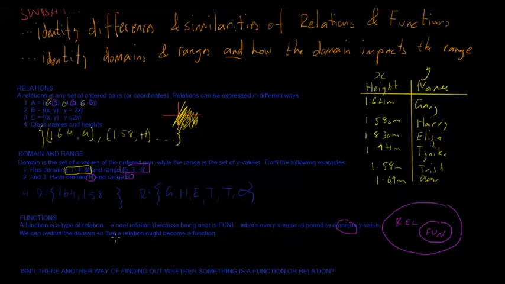So functions are a type of relation, but relations are not types of functions. And we can restrict the domain so the relation might become a function. Our height and name example over here is not a function because we've got 158 and 158 over here. But what we might want to do is restrict the domain so that we can turn that into a function.